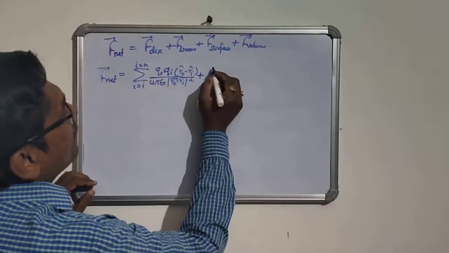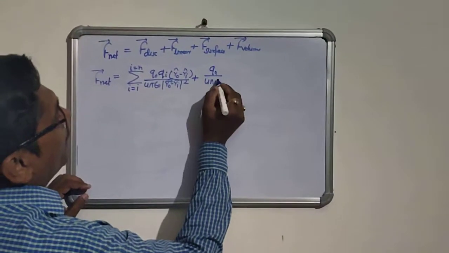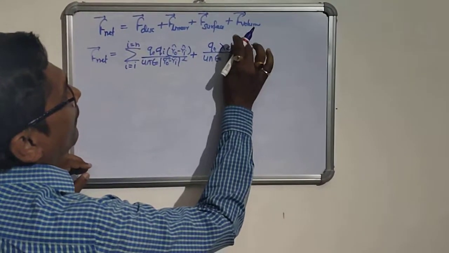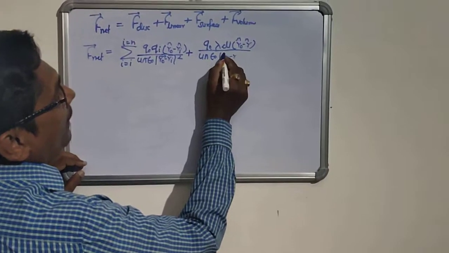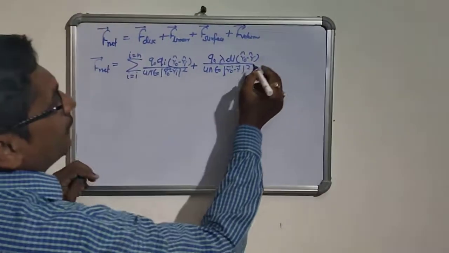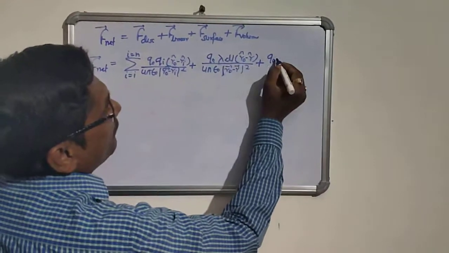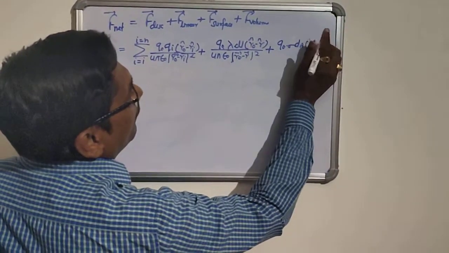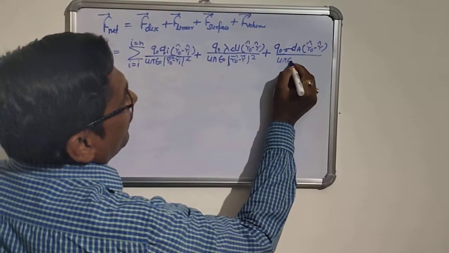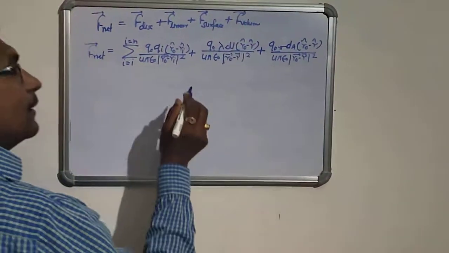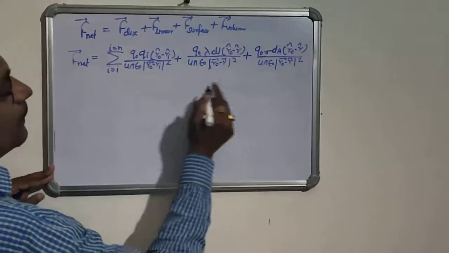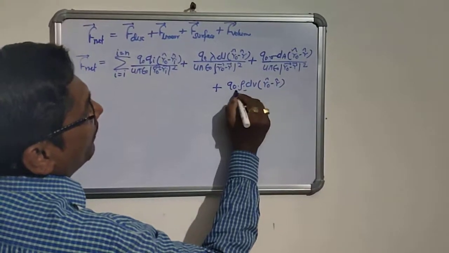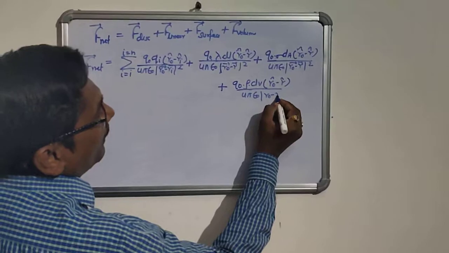For linear distribution, Q naught upon 4 pi epsilon naught, lambda dl, R naught minus R unit vector upon R naught minus R squared, plus the surface distribution, sigma dA, and plus the volume distribution, Q naught rho dV, with R naught minus R upon 4 pi epsilon naught R naught minus R squared.